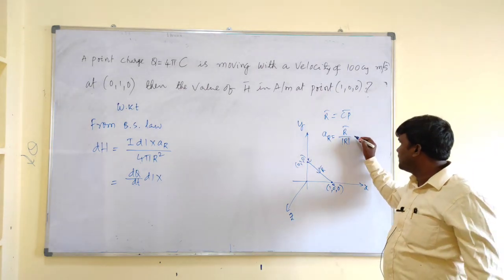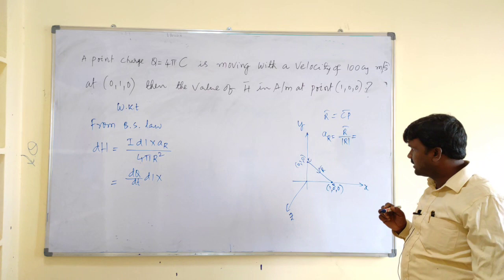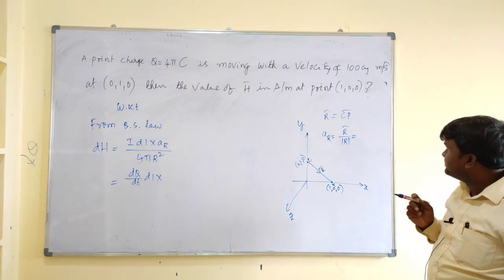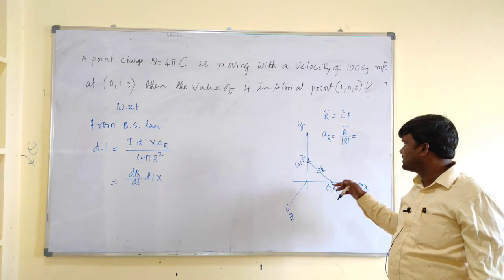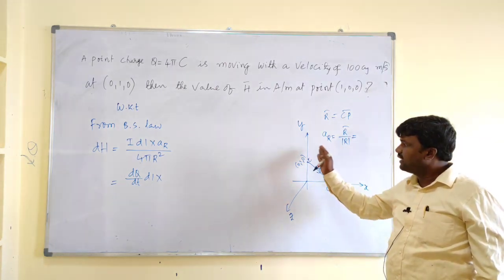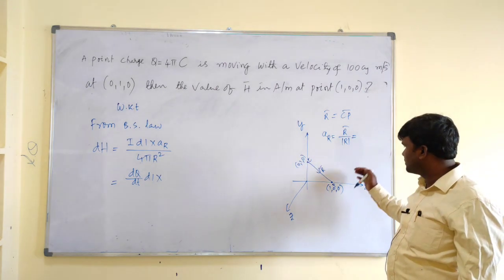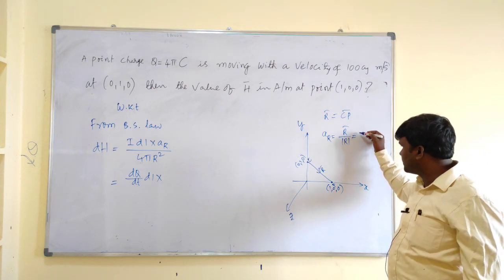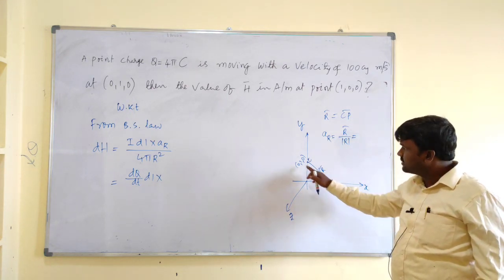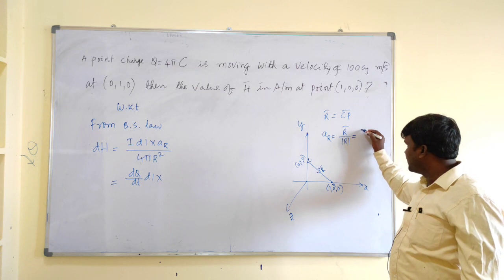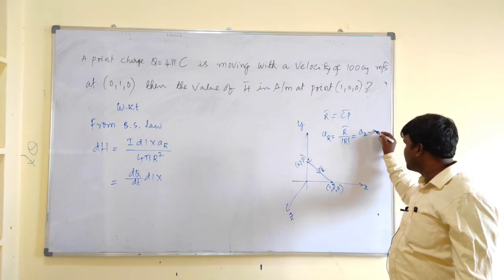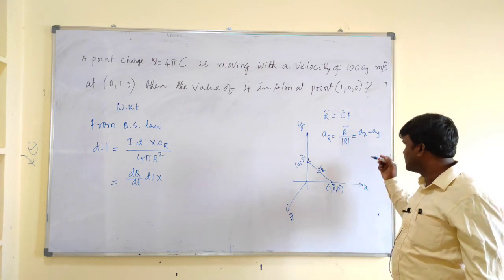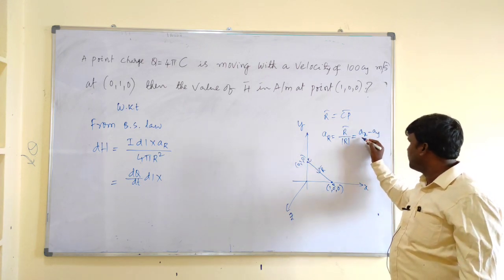What about r bar? R bar is a distance vector. This is the starting point, this is the terminating point. The terminating point minus the starting point gives us 1 minus 0 into a_x, that is a_x, 0 minus 1, that is minus a_y, and 0 minus 0 for a_z.